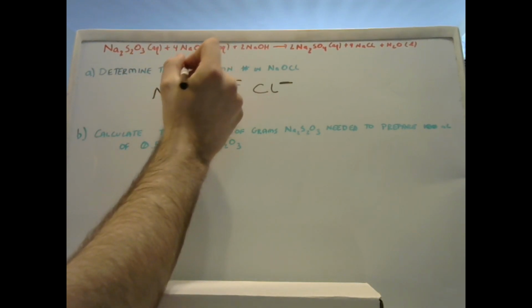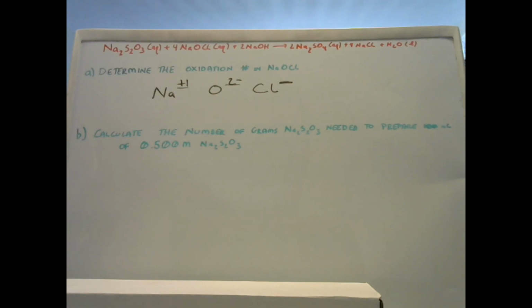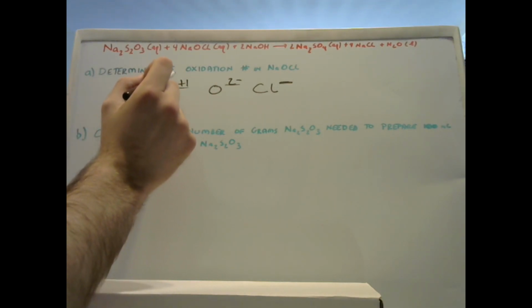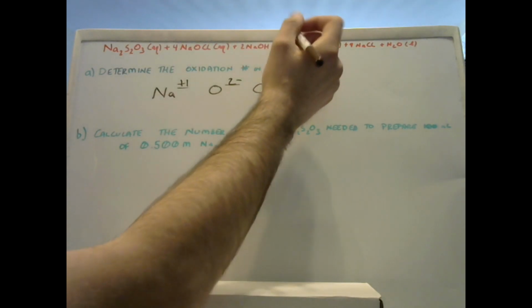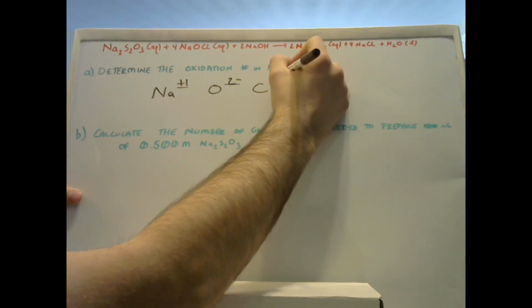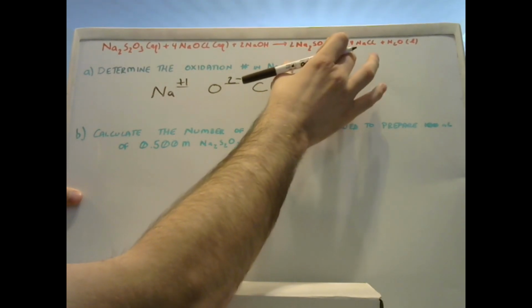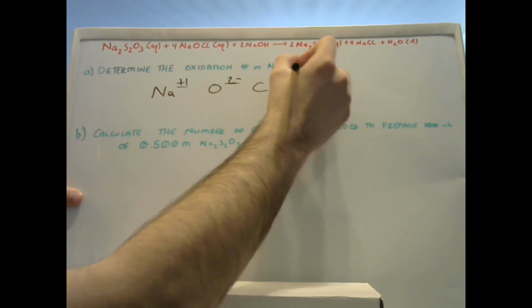It's almost always going to be +1. Which means in this particular case, to make +1 and 2 minus balance out to be 0, this would also have to be +1, or just simply plus.